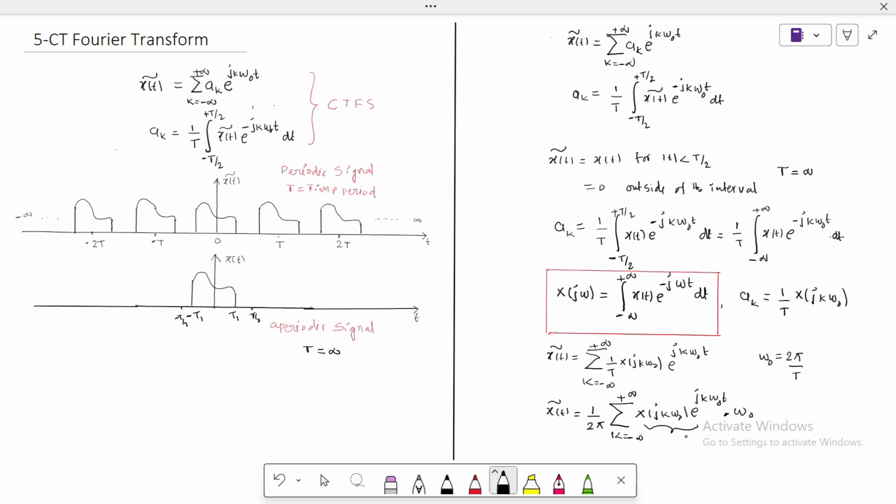This is one function, this is the second function, and this is the multiplication between them.